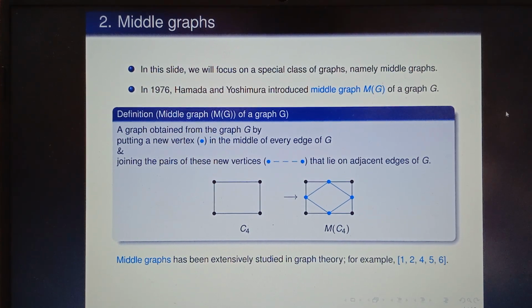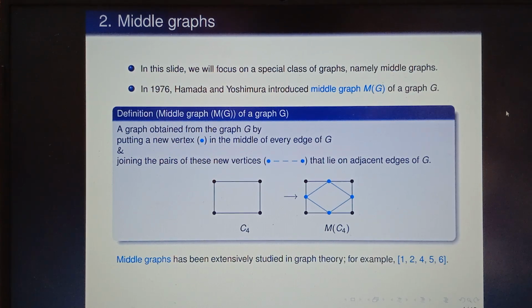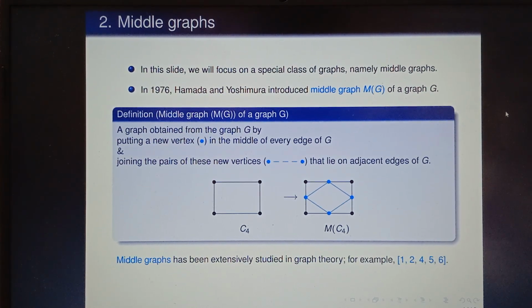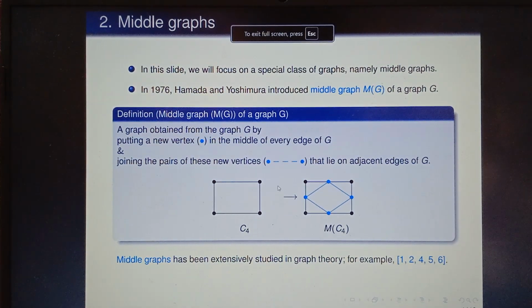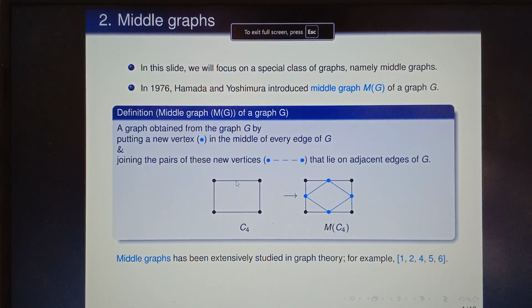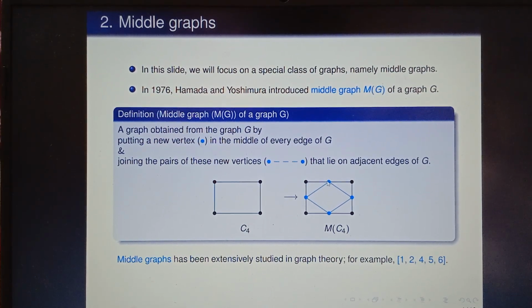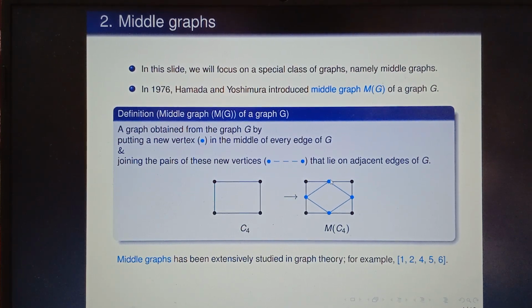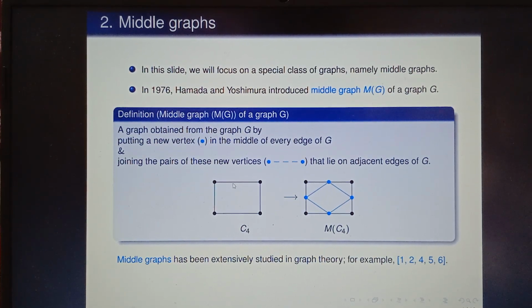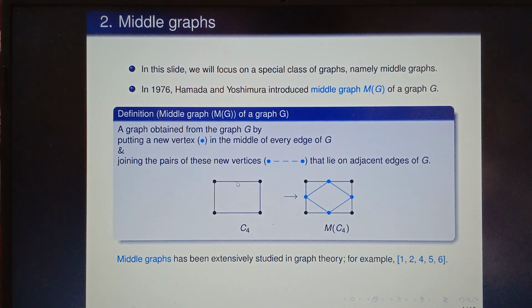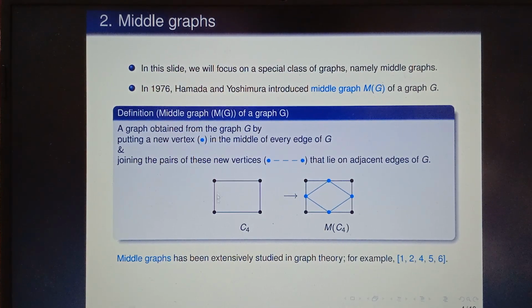For example, we can see the graph C4, which is a 4-vertex graph, and we just put some new vertices denoted using the blue bullets on every edge of C4, and then we joined these new vertices if their respective edges were adjacent in the graph C4.